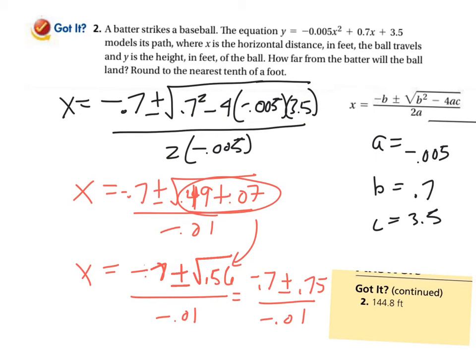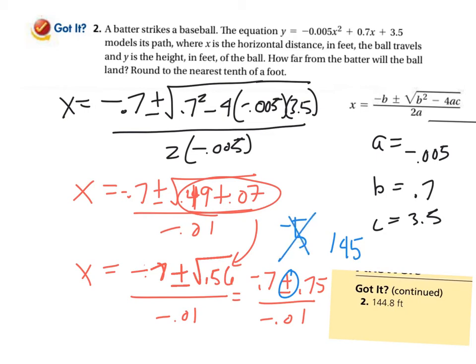And then, once we reach this point here, we have a plus and a minus. So we're going to have negative 0.7 minus 0.75 divided by negative 0.01, and negative 0.7 plus 0.75 divided by negative 0.01. And that's going to yield two answers, a negative 5 and 145.